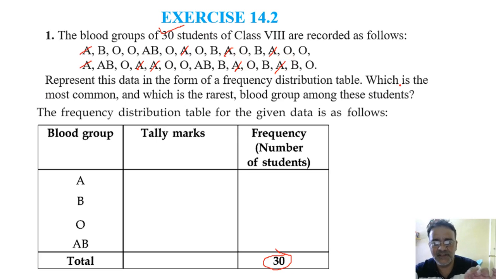This is the best way: while counting A, we cross all the A's. Then among the remaining, 1 2 3 4 5, cross them, then 6 7 8 9. So here we write 9.